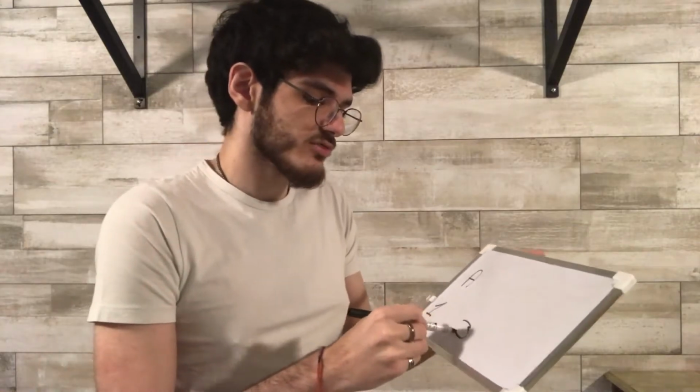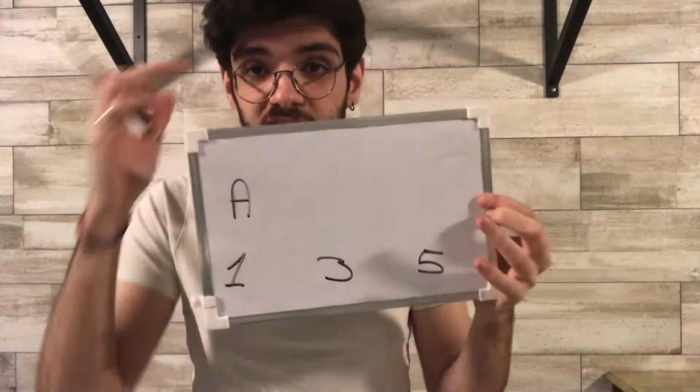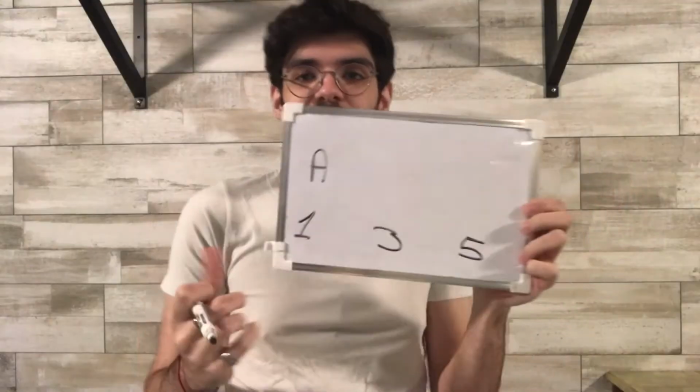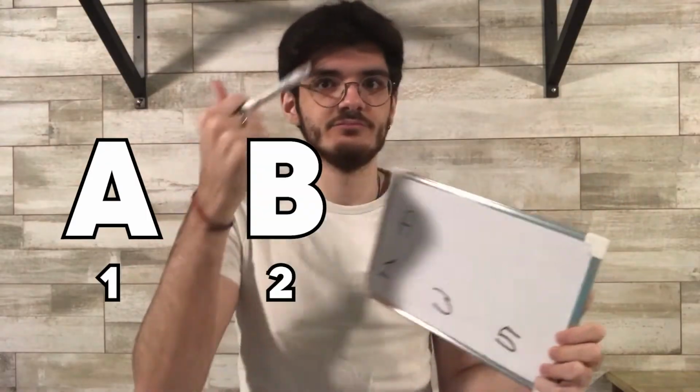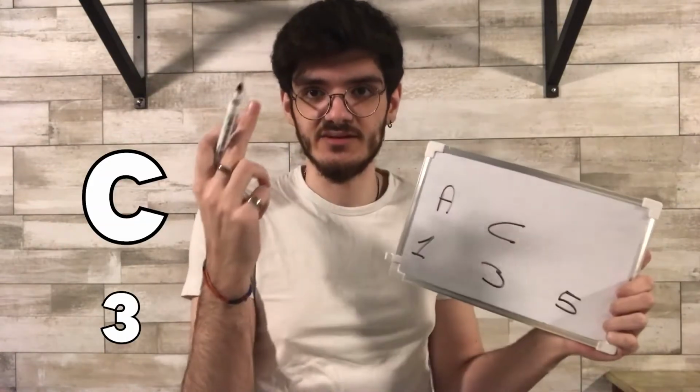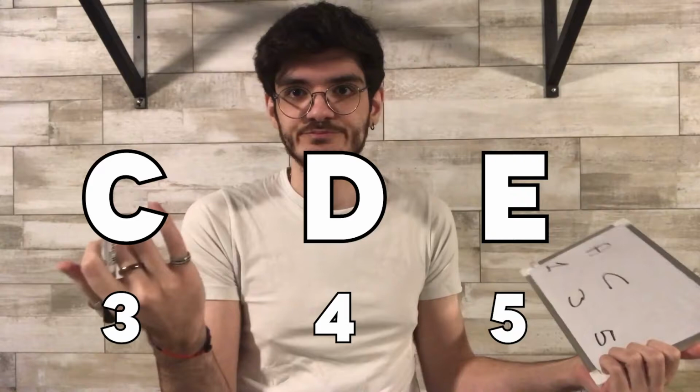Then we gotta find our 3 and our 5. Our 3 and our 5 are literally just counting from our 1. You go 1, 2, 3, and then 3, 4, 5. You know, math. In this case, A, B, C. Seeing how easy this is? And then C, D, E. 5. It's as easy as that.